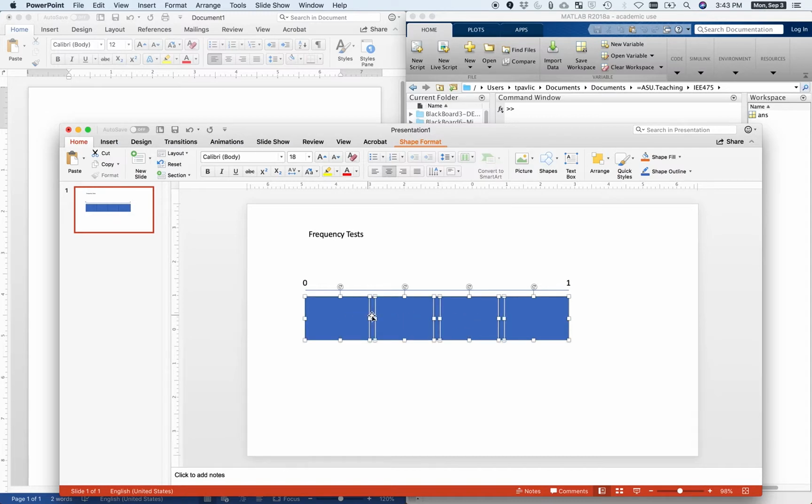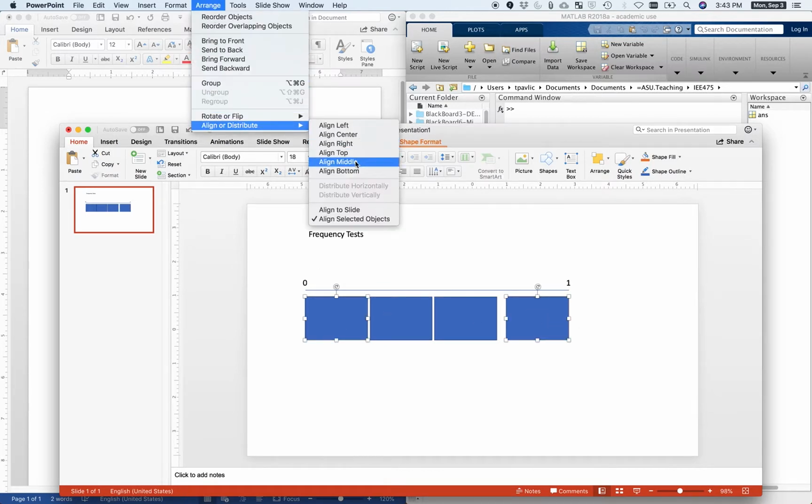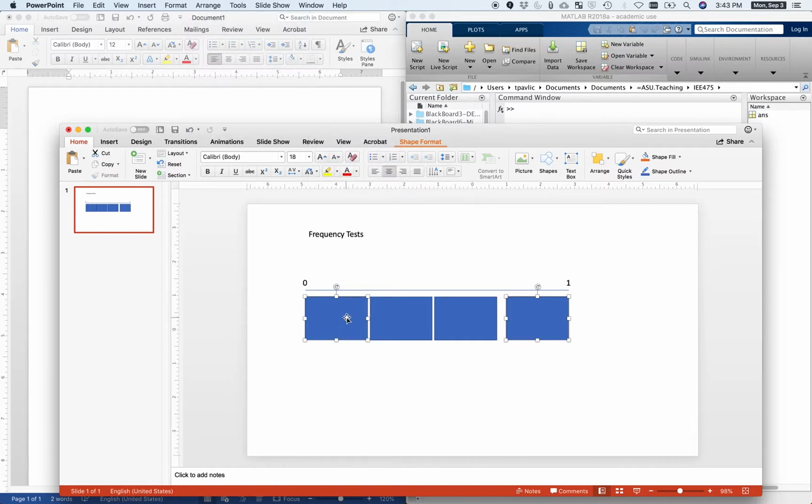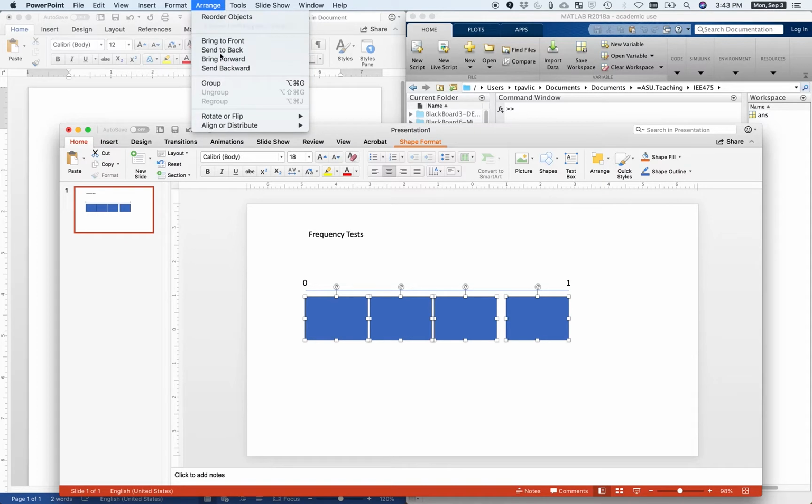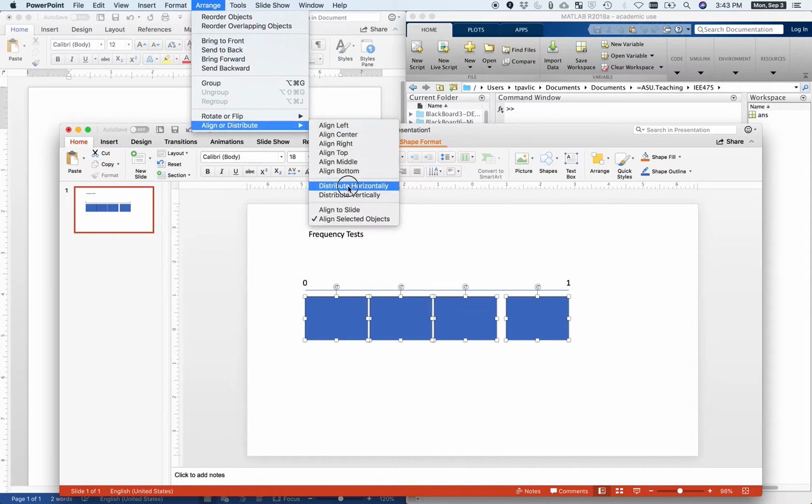I hope you're getting the point here that I'm just trying to create little bins that roughly represent equal parts of the line.